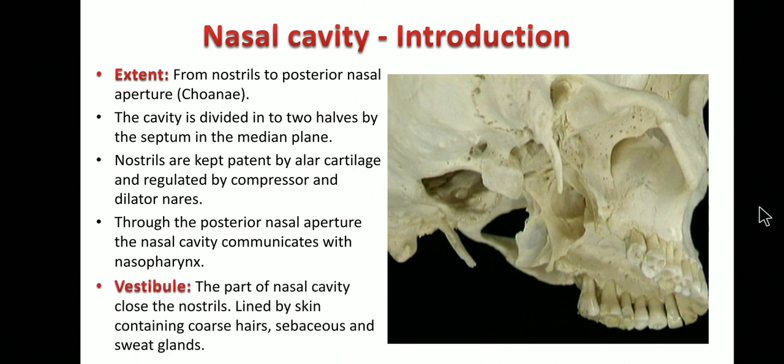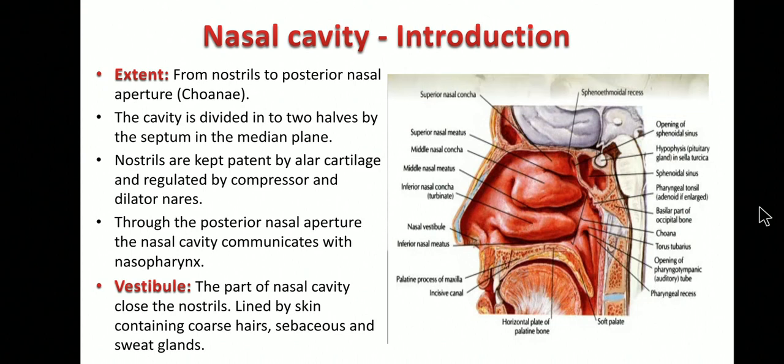The vestibule is the anterior-inferior part of the nasal cavity. The most anterior and inferior part of the nasal cavity is called the vestibule. Sorry, vestibule of the nasal cavity, and it presents coarse hairs called vibrissae.